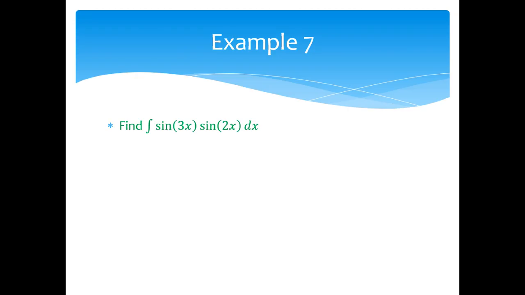Okay. All right. So in this problem, we're going to use the identity that says sine of 3x times sine of 2x would be equal to cosine x over 2 minus cosine 5x over 2. So we're going to use this instead of this.